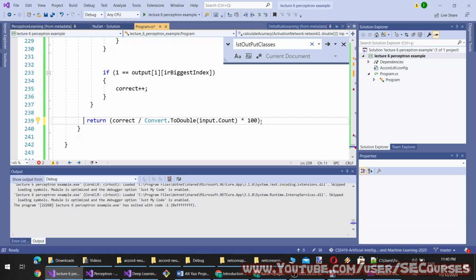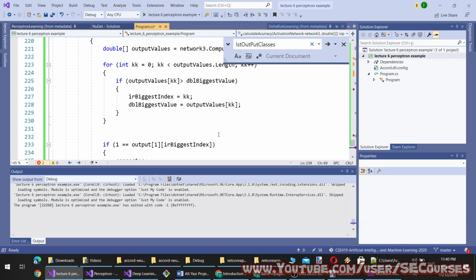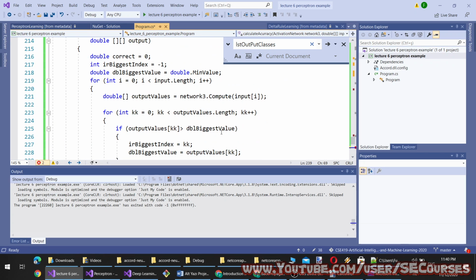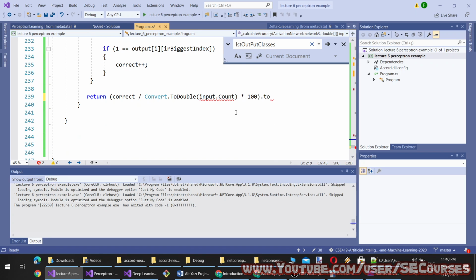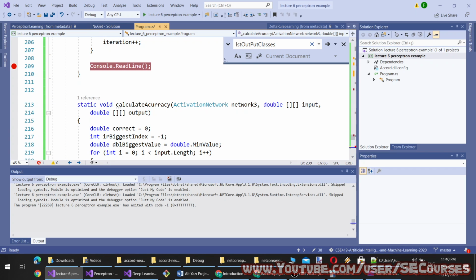Correct. Input count plus true. By the way, it will be input length. So string and 2 plus %. Yes, this will be a string.